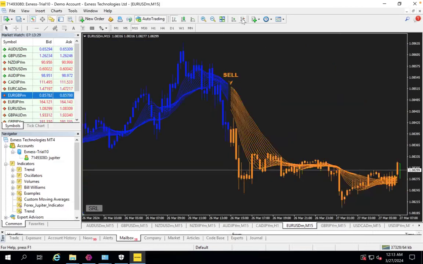So this is EURUSD on the VPS. Over here is where we have the supply that we outlined on TradingView.